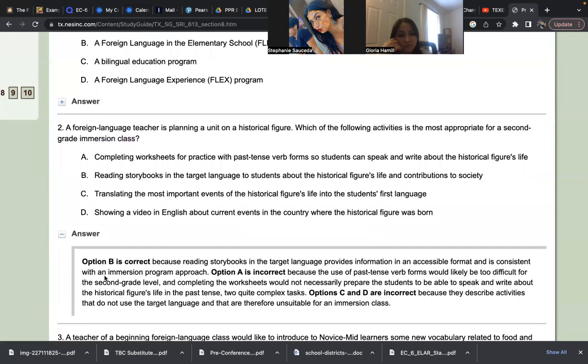So B is correct, because reading storybooks in the target language provides information in an accessible format, and it is consistent with an immersion program approach. A is incorrect because the use of past tense verb forms will likely be too difficult at the second grade level, and completing the worksheets would not necessarily prepare the students to speak, write, and even listen about the historical figure's life in past tense.